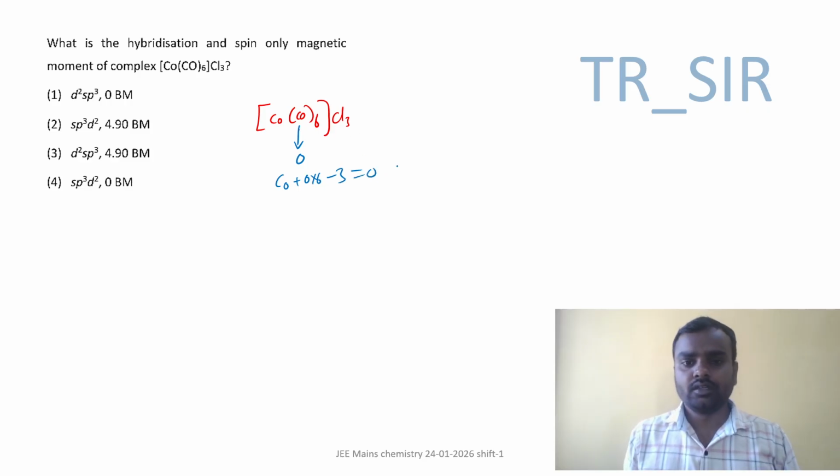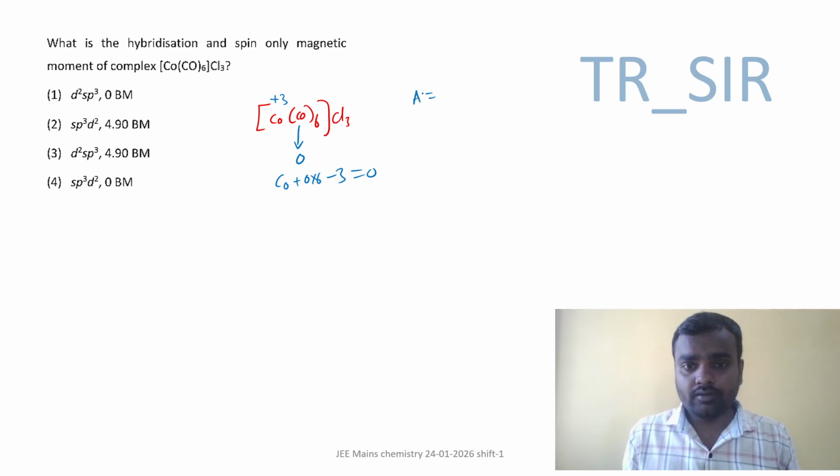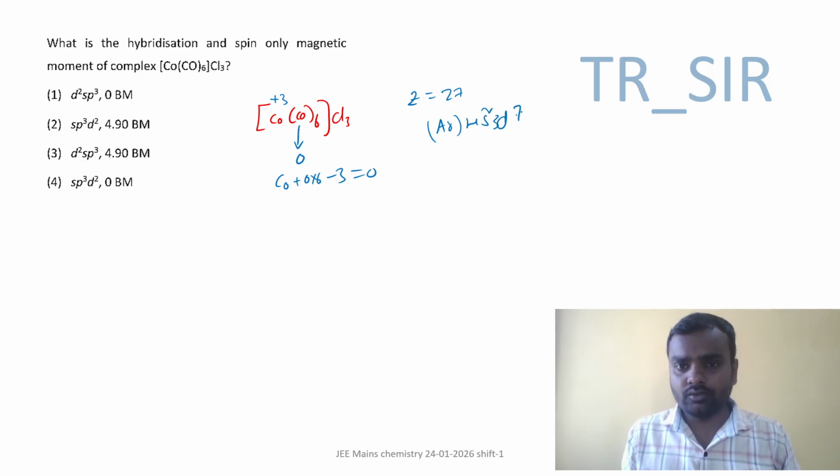Because 3 chlorines are there. So cobalt has plus 3. The atomic number of cobalt is Z equals 27. Its configuration is Ar 4s2 3d7.